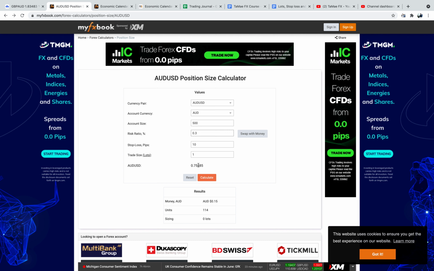Oh my goodness, 0.03. That's 0.01 lot. Okay, and your risk is only $1.50. So if you're new, try to have 0.01 here, then it means your risk is 0.3%. So try to play around with 1% going down when you're first learning.